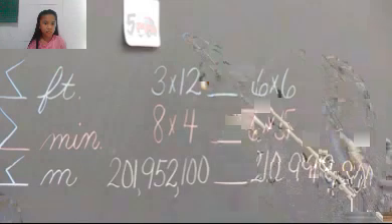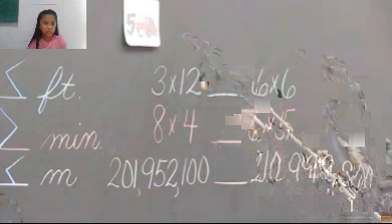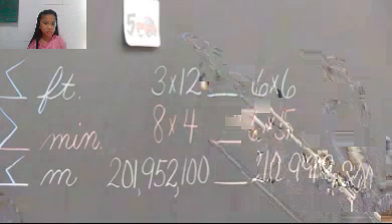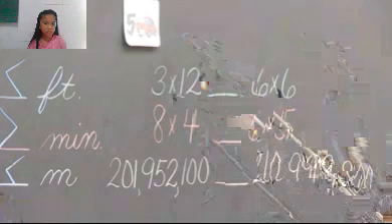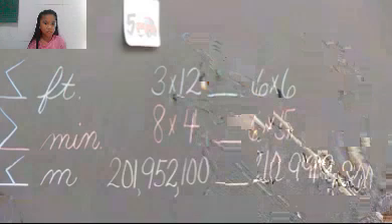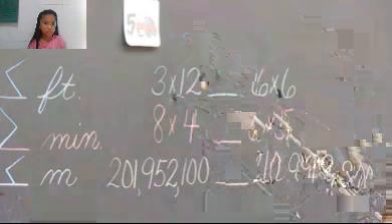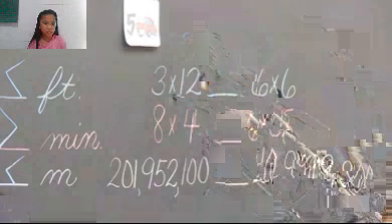Now we have 8 times 4 blank 6 times 5. What is 8 times 4? 32. Good, and what is 6 times 5? 30. Which one is larger? Well, obviously what number? 32. Yes, so we'll use the greater than sign to point to the 32.